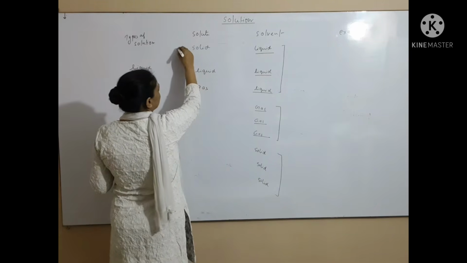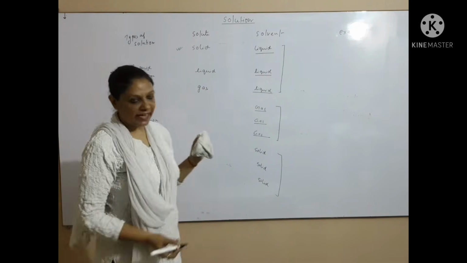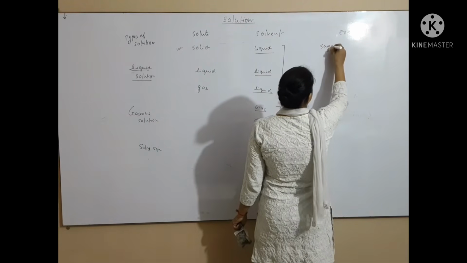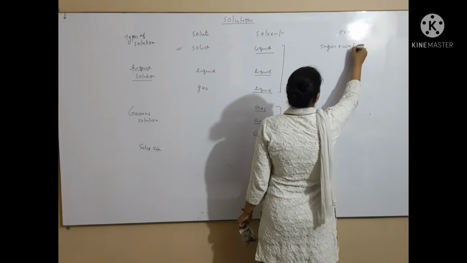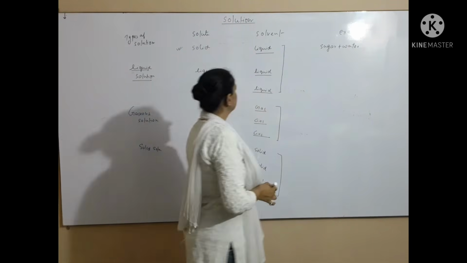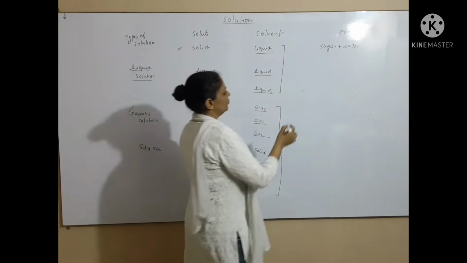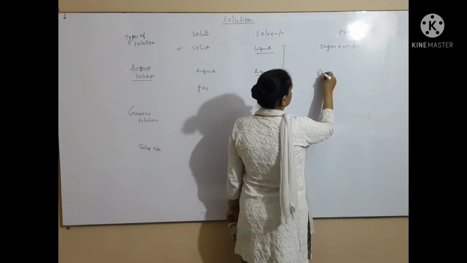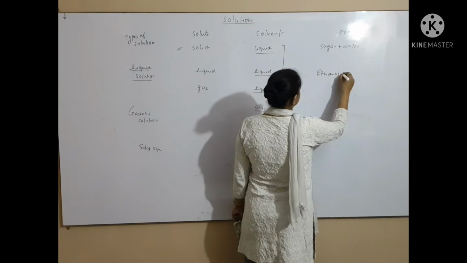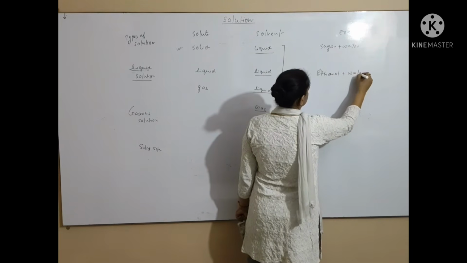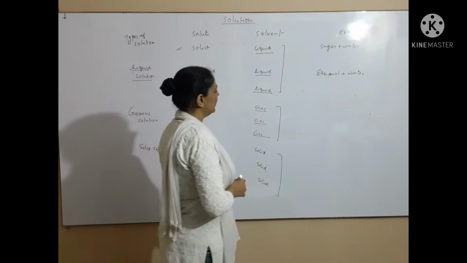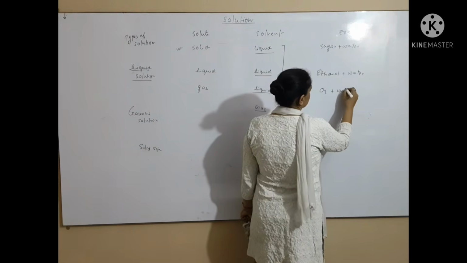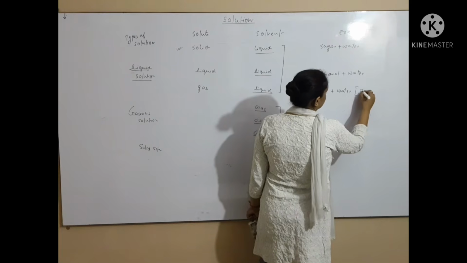This is very common. We are familiar with that. Its example is sugar and water. Liquid in liquid: you take the example of ethanol with water. And gas in liquid: oxygen with water. This is aquatic life.